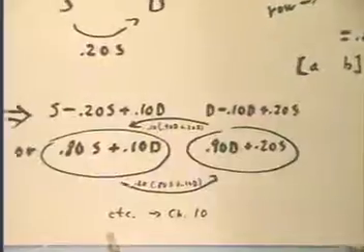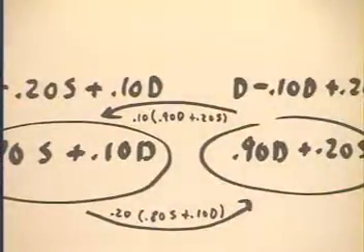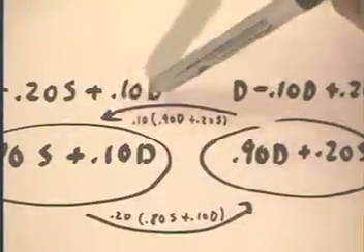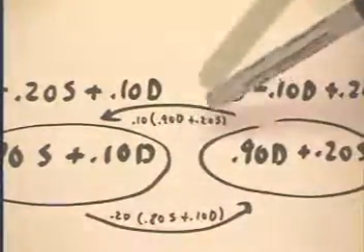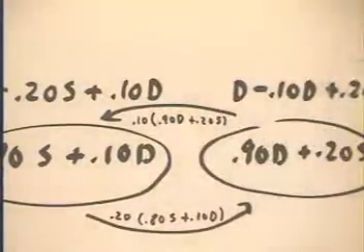Now we could go to another transition. The transition numbers here would be 0.10 of the 0.90D plus 0.20S, and 0.20 of the 0.80S plus 0.10D.